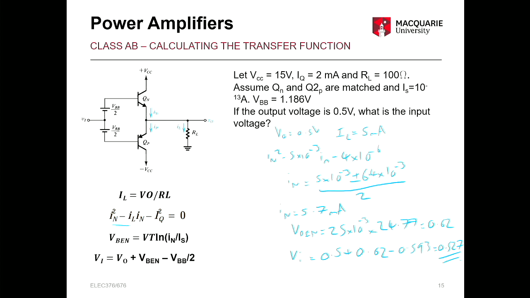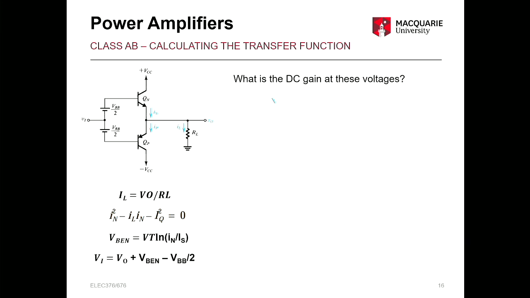Well, V out over V in gives 0.949, the gain at this voltage. So using all those equations, we can get to our DC gain there.